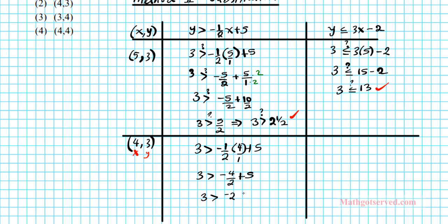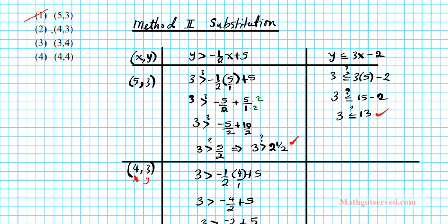Negative 2 plus 5. Then is 3 greater than 3? The answer is no, so this is your answer right here. Since this fails the test, we know that this is the answer.